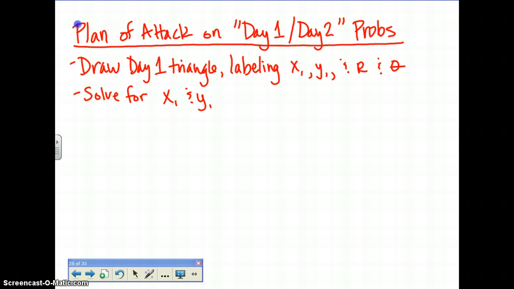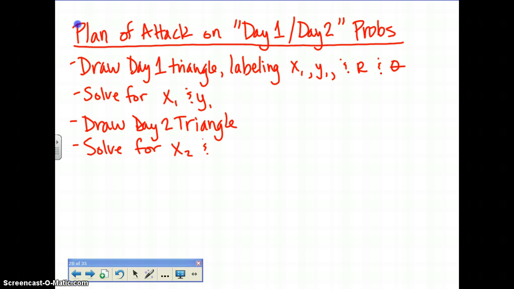Okay, so that's done. Then you're going to draw day 2 triangle, and you're going to solve for x2 and y2, and then you're going to solve for x total and y total.